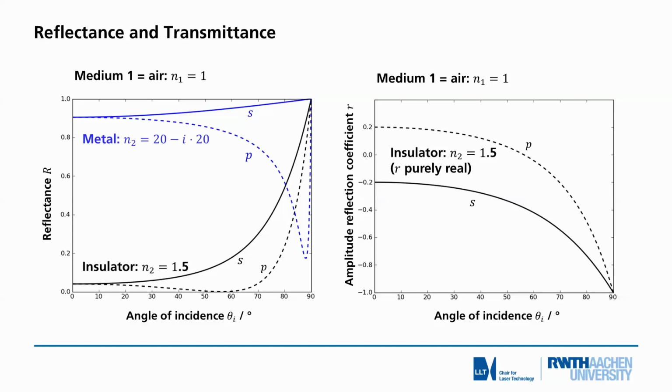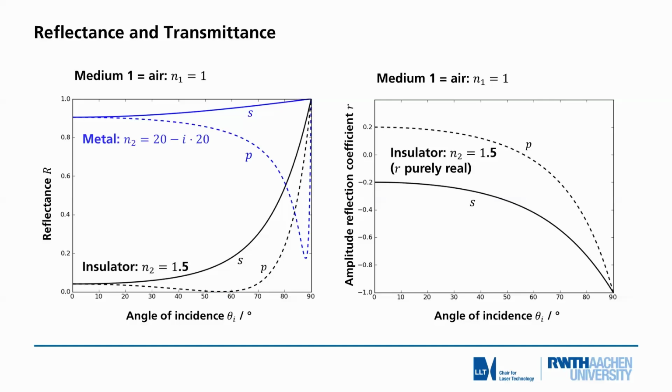Coming back to the picture you have seen already, I now want to try to shed a little more light on this effect. So you see for insulators, at a certain angle, which we will call the Brewster angle, we will have practically no reflection. So all light is transmitted or absorbed, but nothing is reflected.